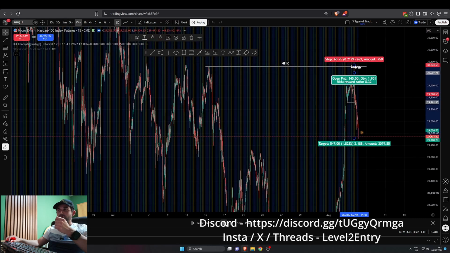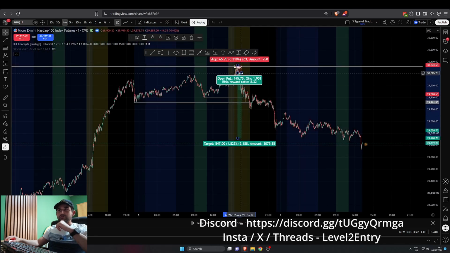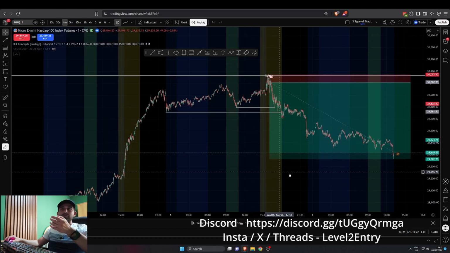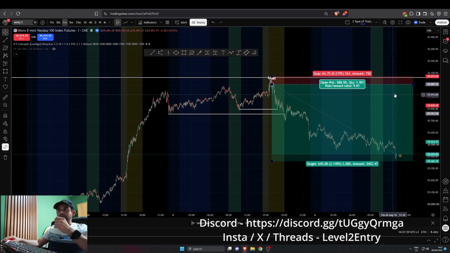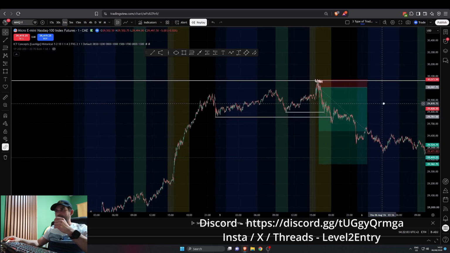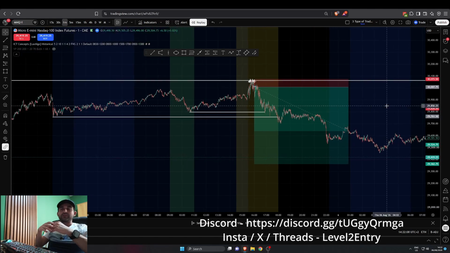Let me see if it kept going down. I don't think so. It went just a little bit down. It would have made nearly 10R, but let's keep our feet down, down to earth. With 2.5R, I am more than happy, so I decided to close at that risk to reward.